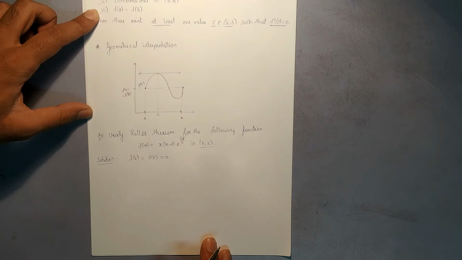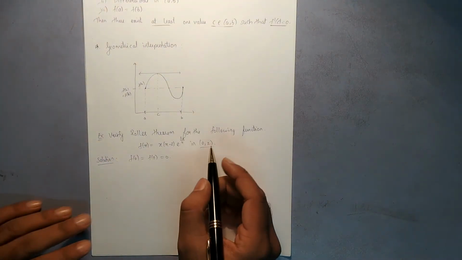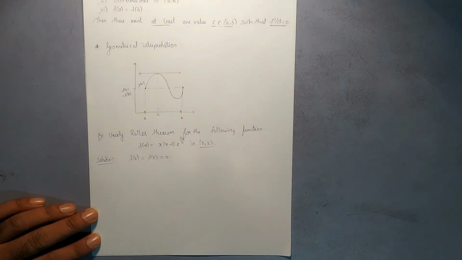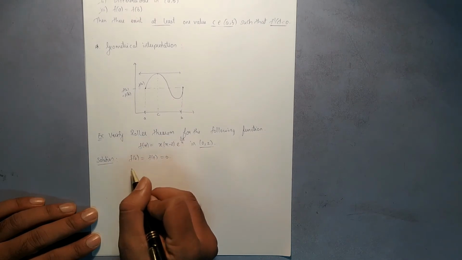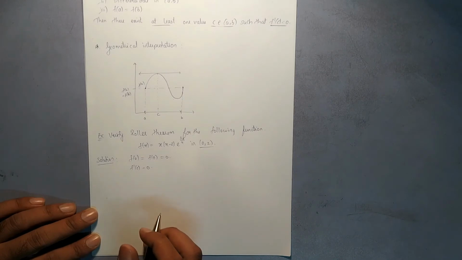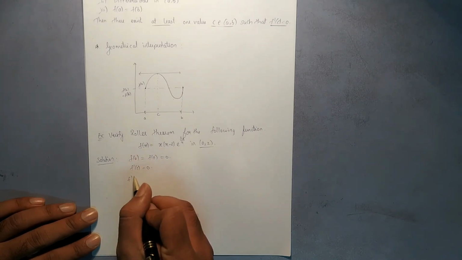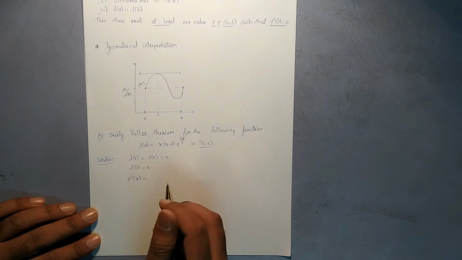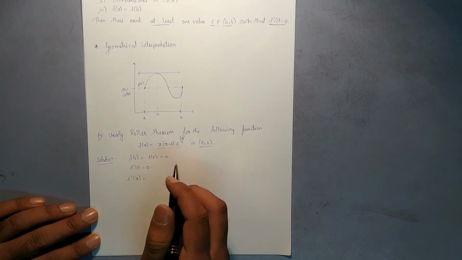We also observe that the function f of x is continuous as well as differentiable in the interval 0 to 2. Therefore, by Rolle's theorem, there exists a point c such that f dash of c is equal to 0. Now, f dash of x is equal to, we differentiate this function with respect to x.